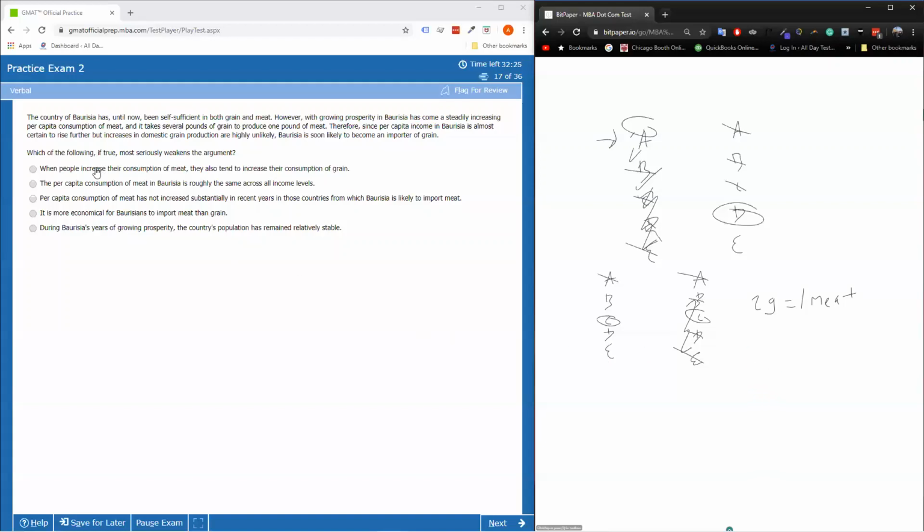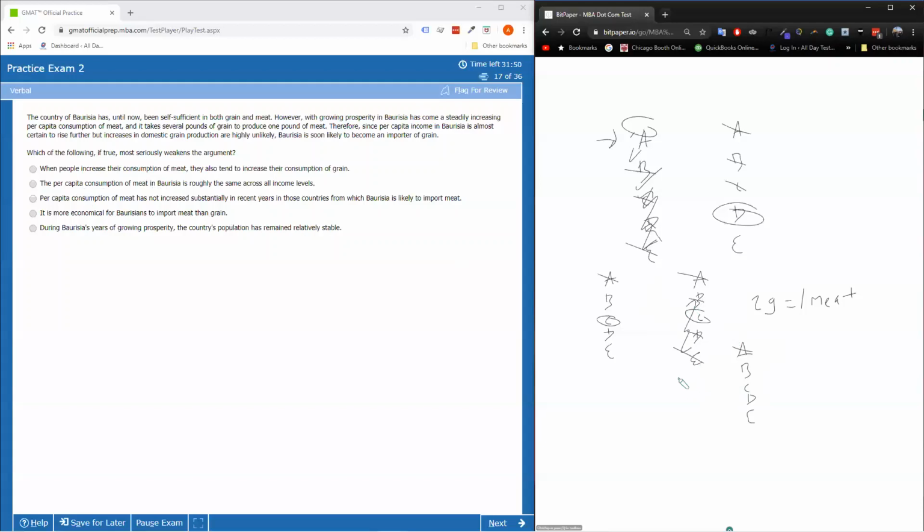So which one suggests that they won't, in fact, necessarily become an importer of grain? When people increase their consumption of meat, they also tend to increase their grain. No, that supports it. The per capita consumption of meat in Baurisia is roughly the same across all income levels.